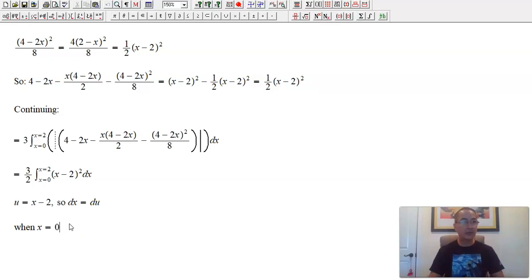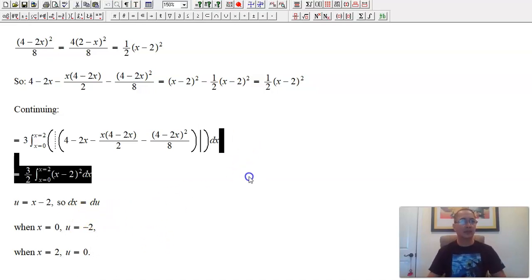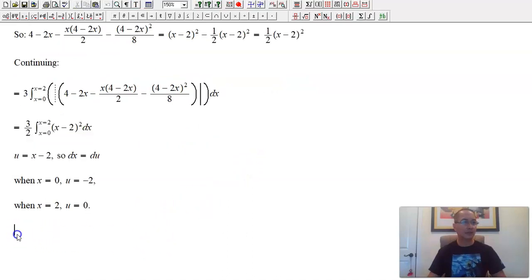When x equals 0, u equals negative 2. And when x equals 2, u equals 0. Maybe that part looks a little bit weird. So let's bring that here.